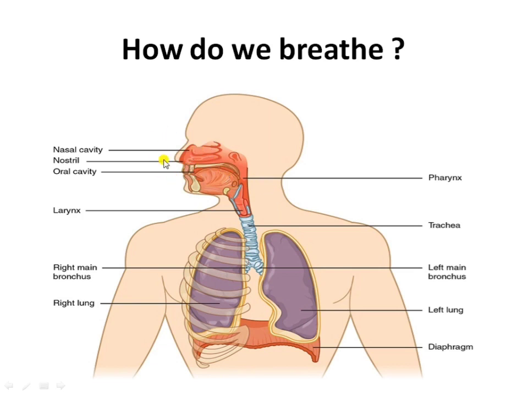So the passage of the air in the human respiratory system during inhalation is: first the air goes through the nostril, then the nasal cavity, then the pharynx, then the larynx, then the trachea, or windpipe, then the bronchi, and at last the lungs.